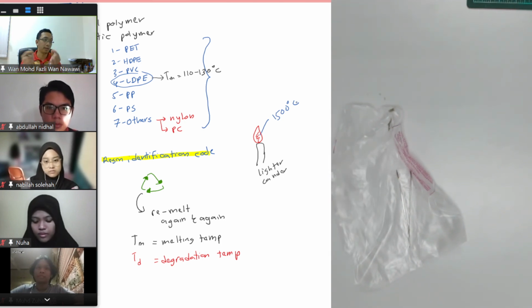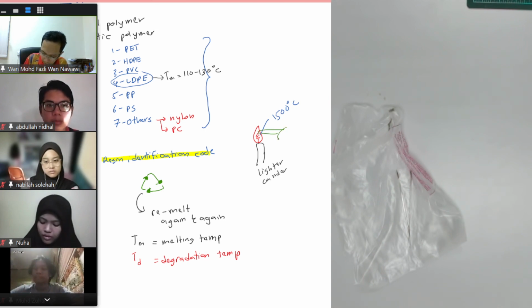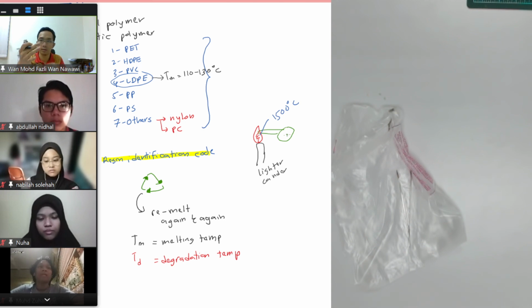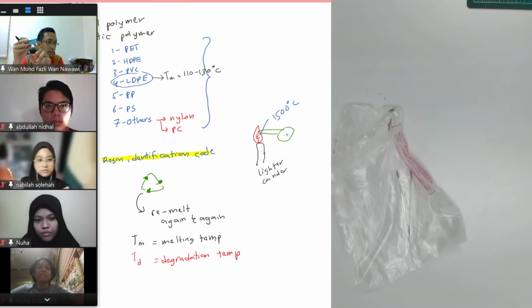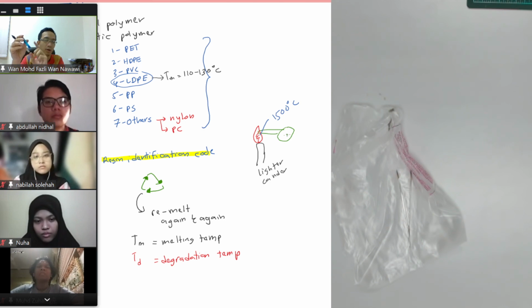You can get a thermocouple, I mean the sensor, to check that. Normally people put the thermocouple sensor into the flame and check the temperature of the flame. The candle flame or this butane, inside there is butane, not gas, it is a liquid.